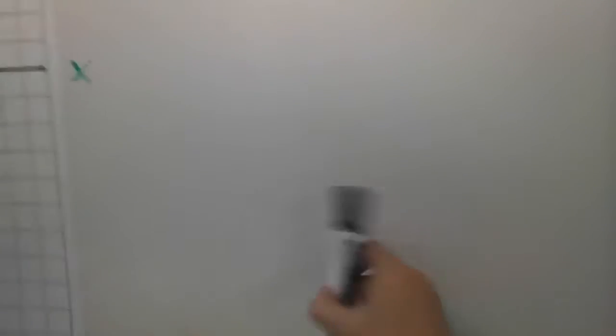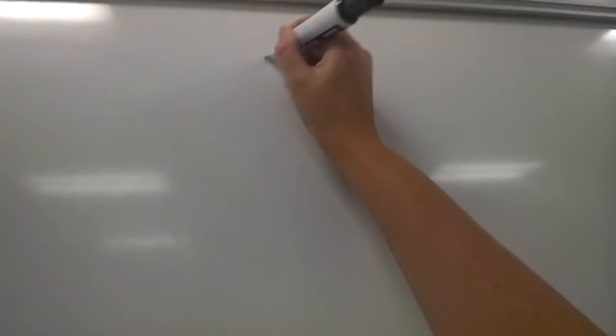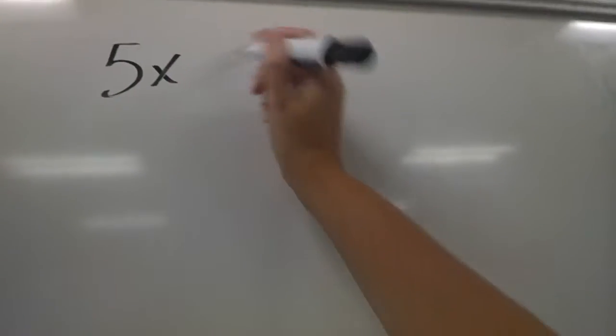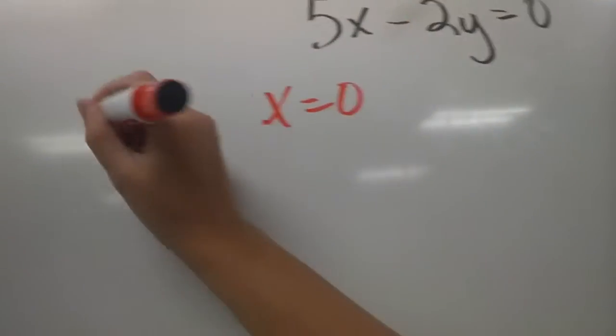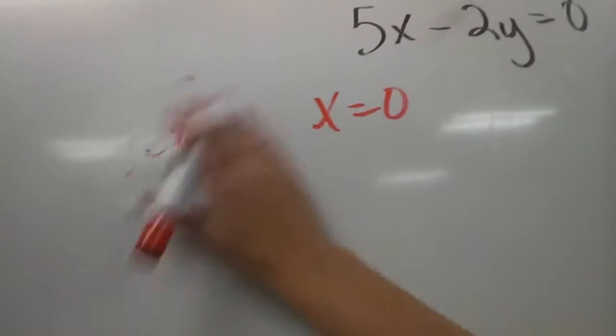So this is solving for a variable. We've been doing this. We've been solving for a variable. It's just that instead of only 1 in the equation, we have 2, and that's not difficult. We can do it. You just got to keep track of everything. 5x minus 2y equals 0. Okay, so if x equals 0, that's my y-intercept.